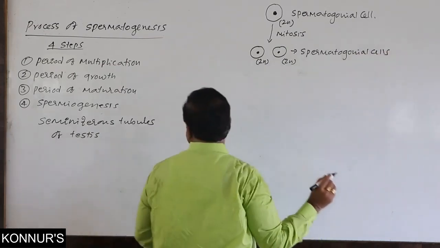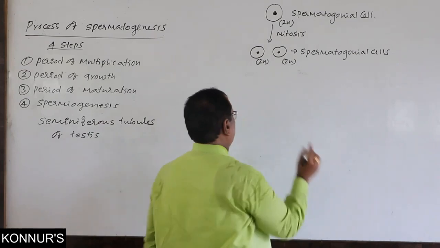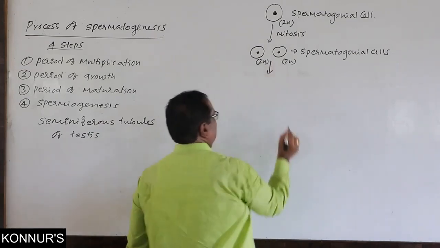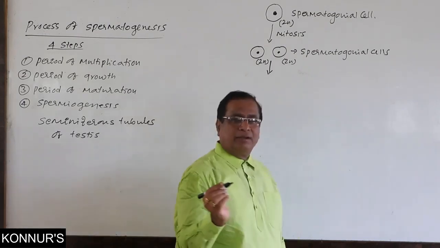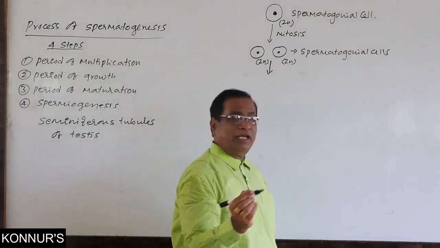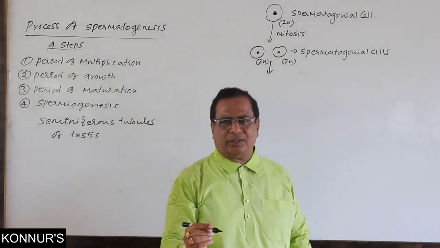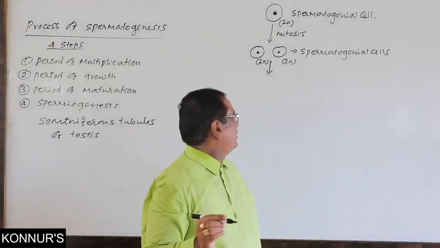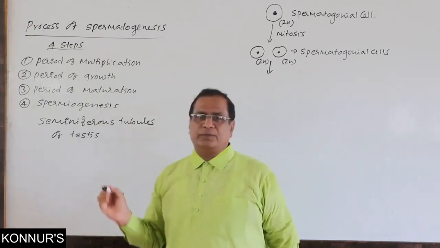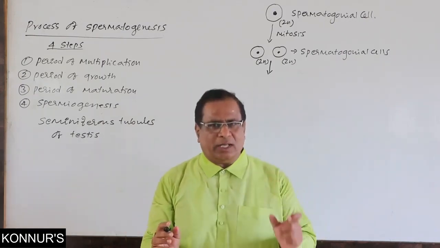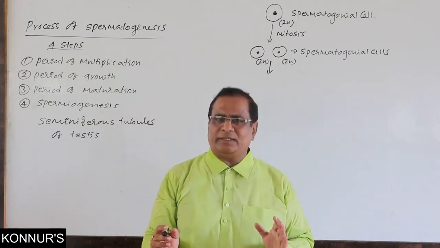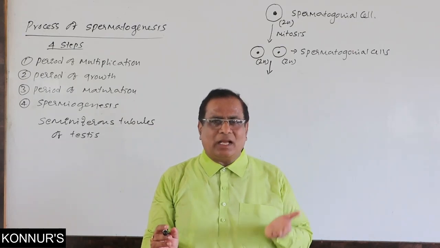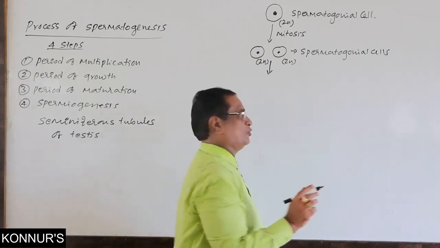In the second step, period of growth, the cellular and nuclear content of these spermatogonial cells are doubled, increased. That is the period of growth. The cellular content as well as nuclear content are increased in these spermatogonial cells.